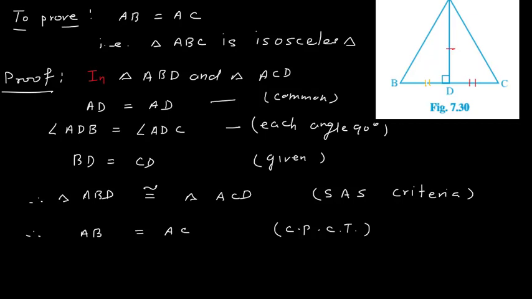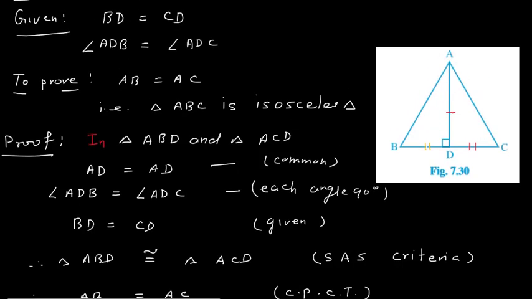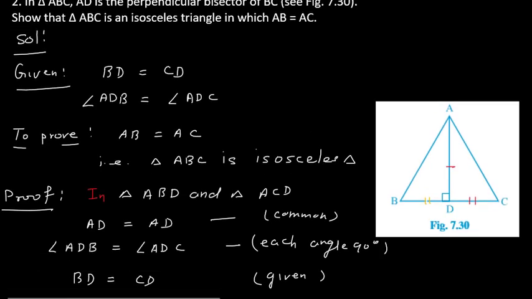This is our fifth lecture. So AB equals AC, therefore triangle ABC is an isosceles triangle. Done. Simple. Now let us move to the next question, the third question.